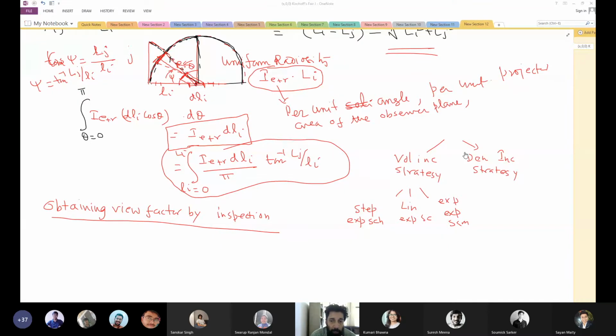Determine the elementary areas dAi and dAj on these two areas, and then cast the formula for this particular case. So four steps: first, draw a schematic. Second, determine the elementary areas. Third, write down the formula. Fourth, cast the formula for this particular case. Do this one by one.